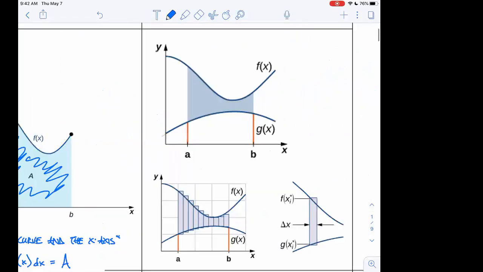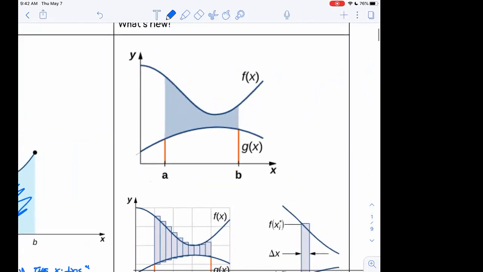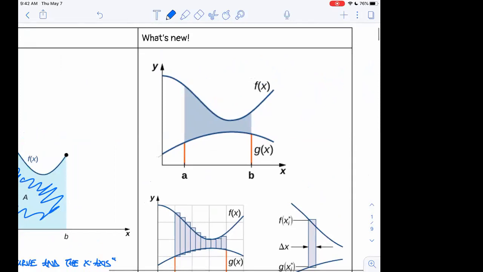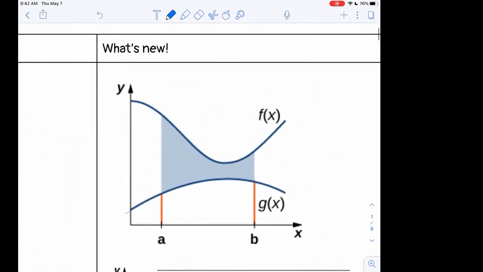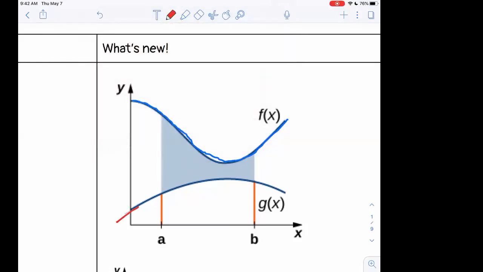Now, if we look over here, this right-hand side tells us what's new, okay? What's new is that instead of just having one curve like we had in chapter 5, now there's going to be two curves. Specifically, in this diagram, we've got that f of x curve on the top, and then we have this second curve on the bottom, this g of x curve.